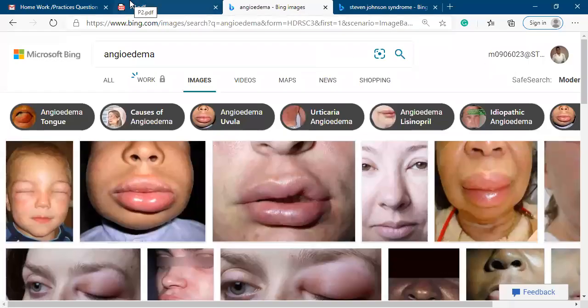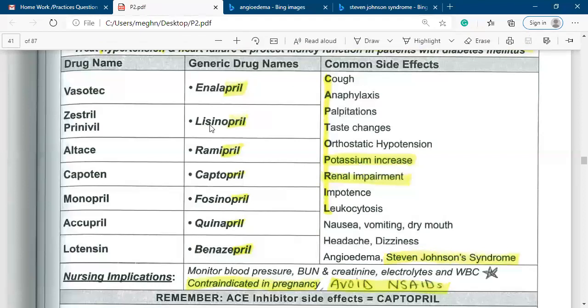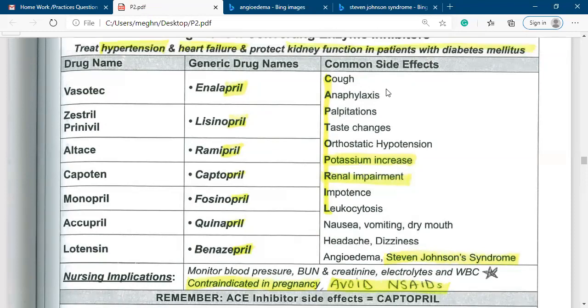So the side effects of angiotensin converting enzyme inhibitors. Keep in mind the common side effects and also the total side effects. Okay, the angiotensin converting enzyme inhibitors like enalapril or ramipril can cause cough, dry cough, right?